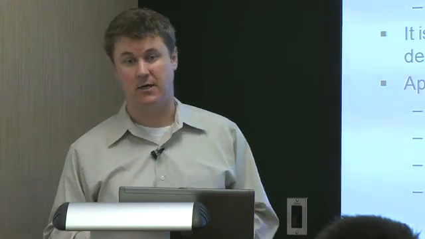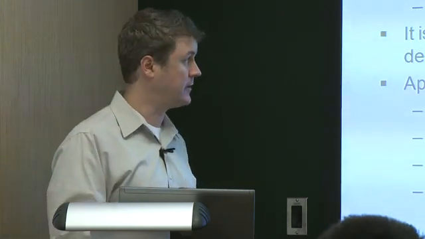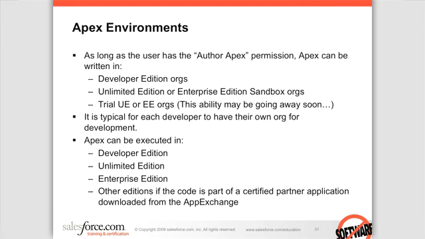You need to create the test code that then calls the business logic that you've created in order to get it into that production environment. So at the end of the day, two main places that you can write code: Developer Edition orgs, and then sandboxes associated with your Unlimited and your Enterprise.